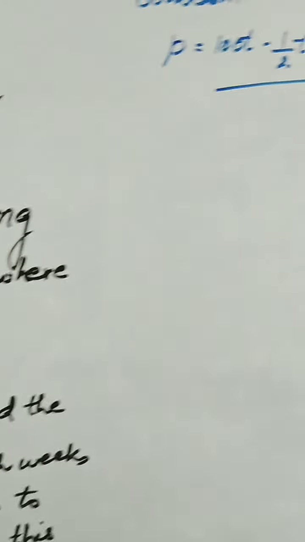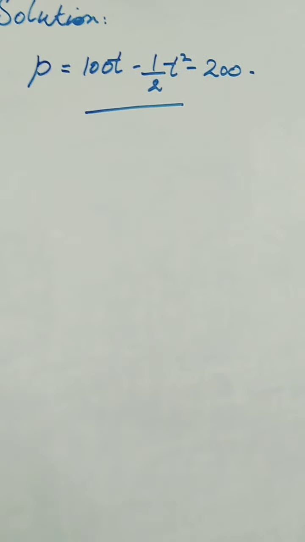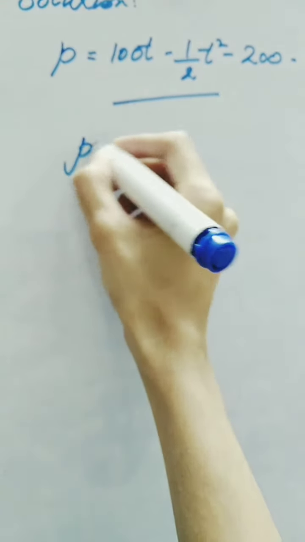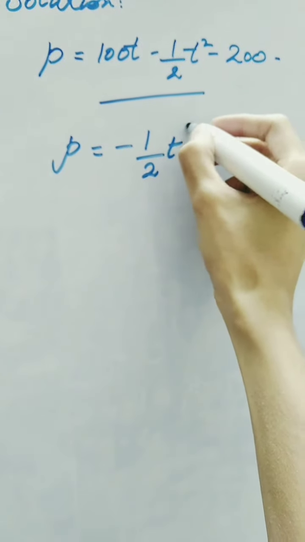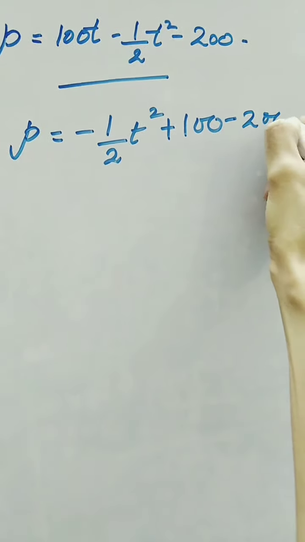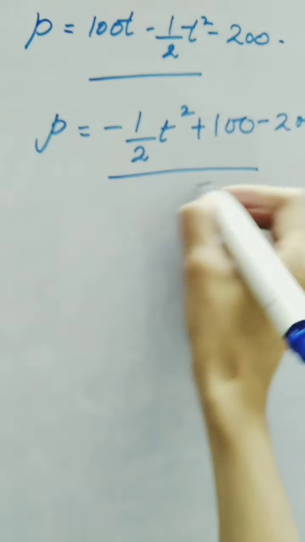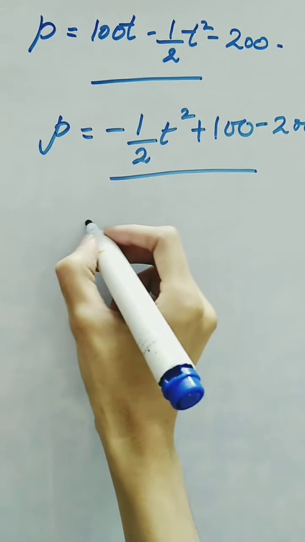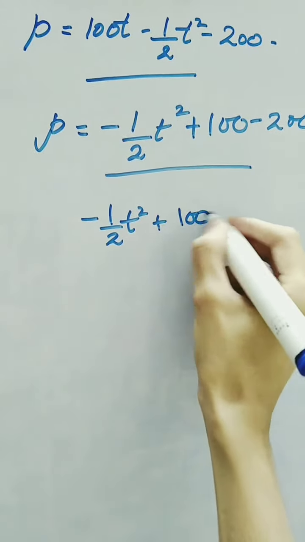So now we will look at the equation, which is P equals 100T minus half T squared minus 200. First we will arrange it in standard form: minus half T squared plus 100T minus 200. In order to convert it into complete square form, we take first these two terms, minus half T squared plus 100T.